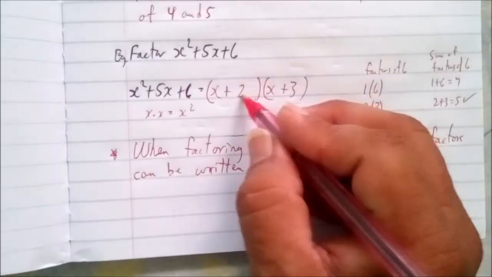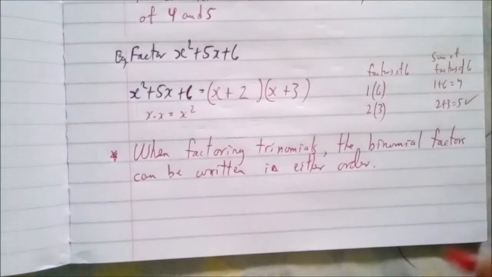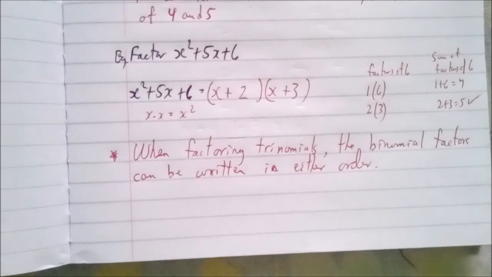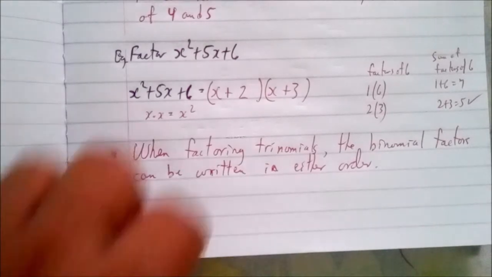So we could have put 3 here and 2 here. All right. Okay, so that's what that means. I'm giving you just a word of advice there. All right. So let's try our next one.